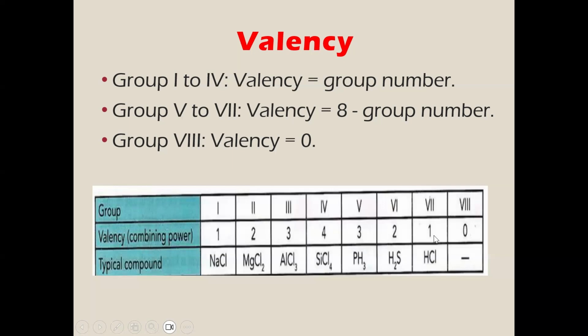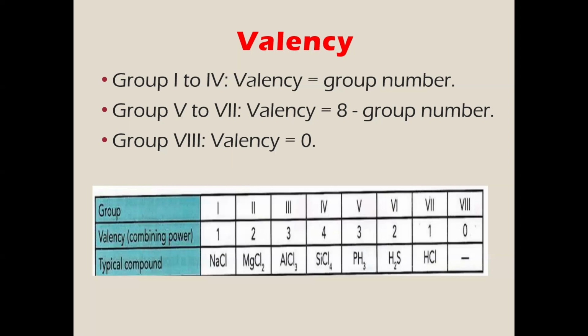That refers to how many electrons will be gained by these atoms, because the number of the group refers to the number of electrons in the outermost shell. When the number of electrons in the outermost shell is less than 4, the atom will lose these electrons, so the valency is the same as the group number.